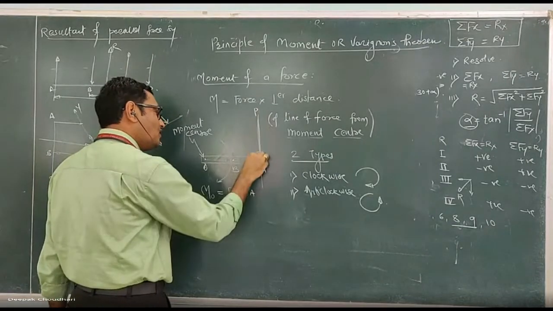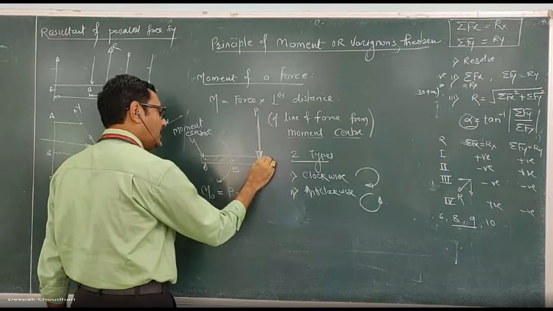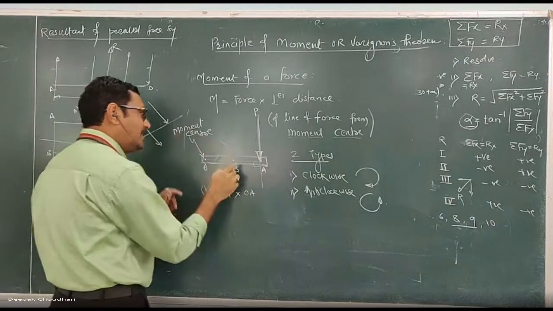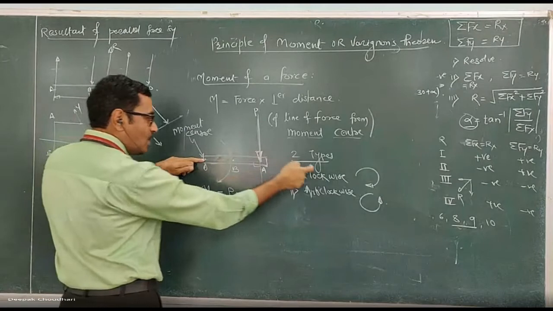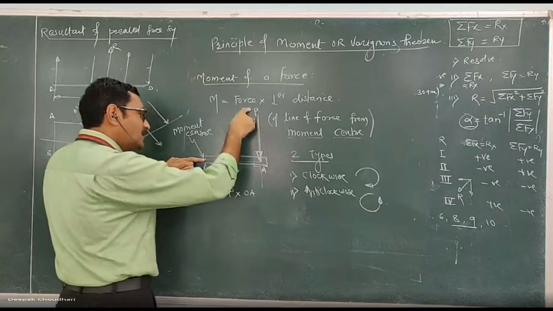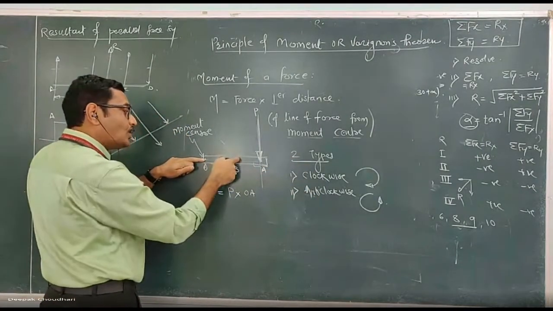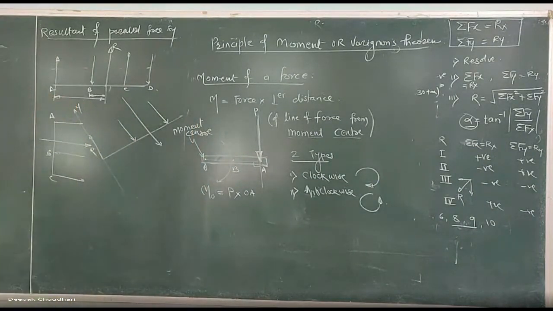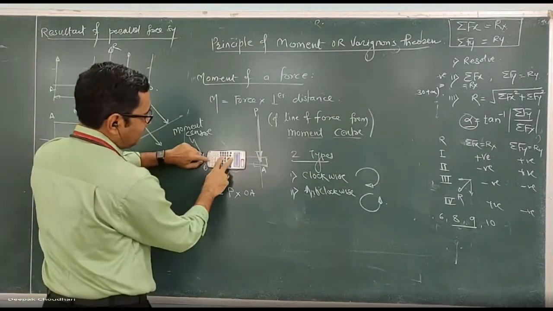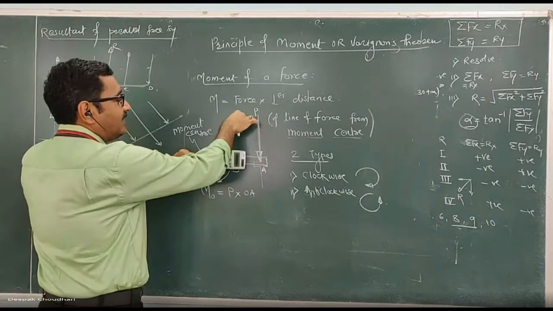Now, if this is the force which is acting vertically downward on this body, can you tell me what will be the tendency of the moment produced by this force about point O, whether it is clockwise or anti-clockwise? Just imagine that. Suppose this is the body, this is the moment center, and the force is applied vertically downward here.